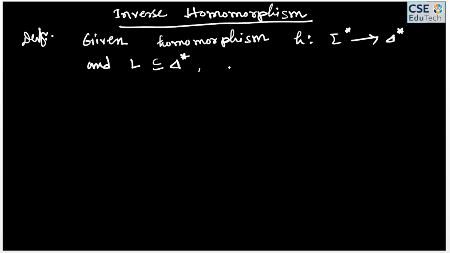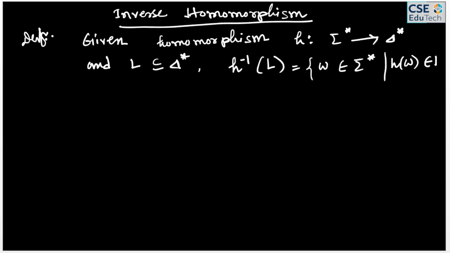Clear? So the inverse homomorphism of this language L is the set of any strings W belonging to sigma star such that the homomorphism of that string belongs to the language L.